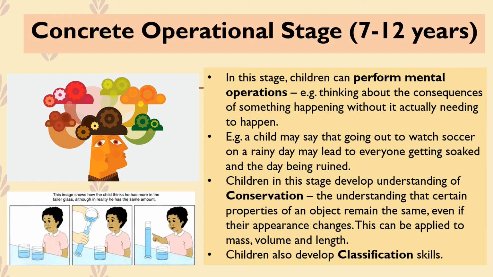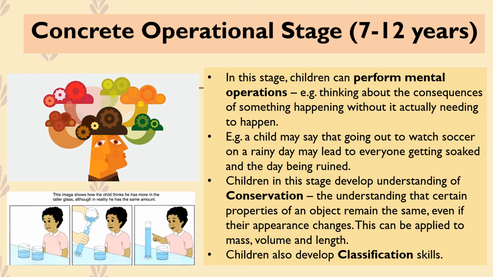So using the same example as the previous slide, the child in the third little square picture here, who in the pre-operational stage said the taller test tube has more water. In this stage, they're not going to fall for that trick. They're going to be like, nope, I saw you pour the water into both those test tubes and they have exactly the same amount. And that is the child showing that they've got this knowledge of conservation.